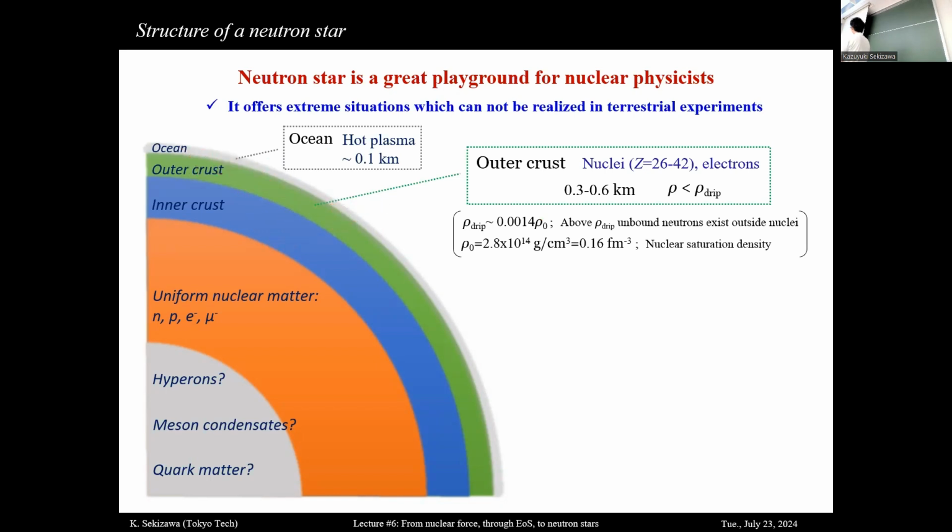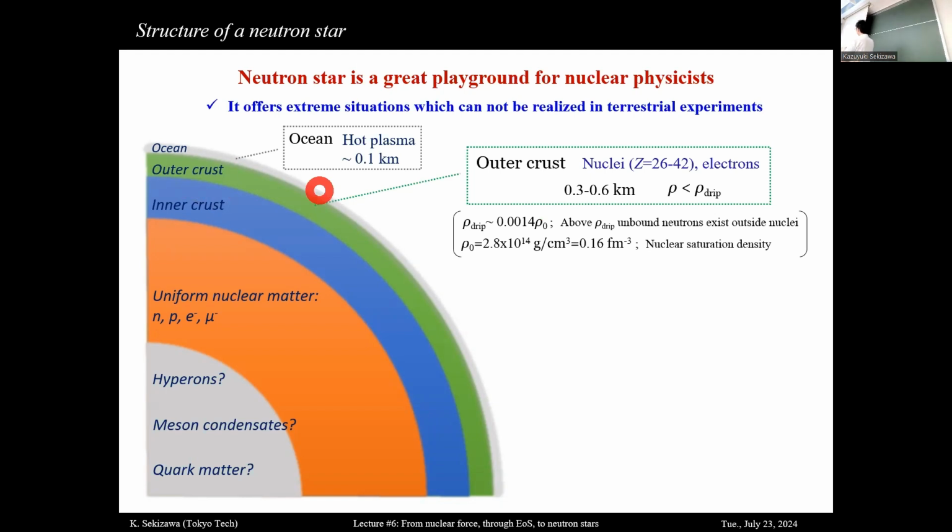In this case, first of all, we have formation of iron, the most stable nucleus, atomic number 26. And they form a Coulomb lattice, like a solid in terrestrial matter.